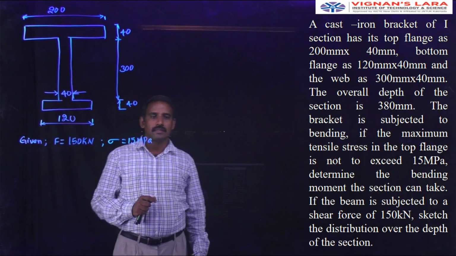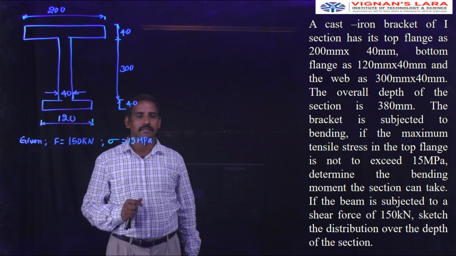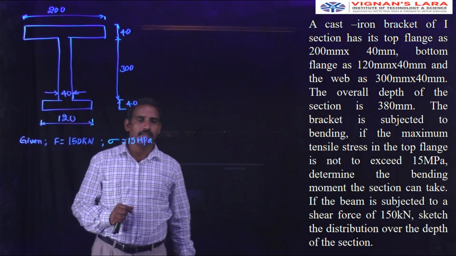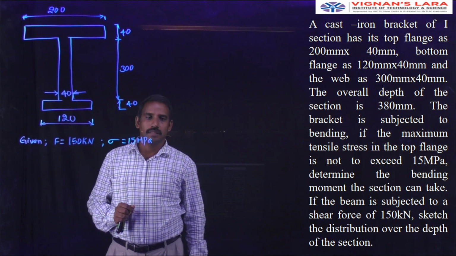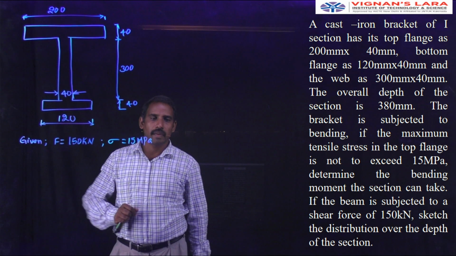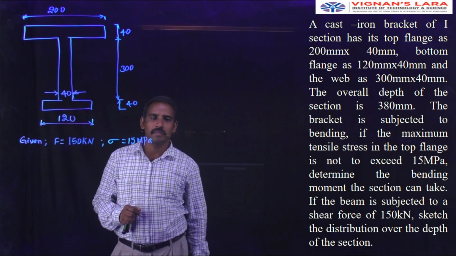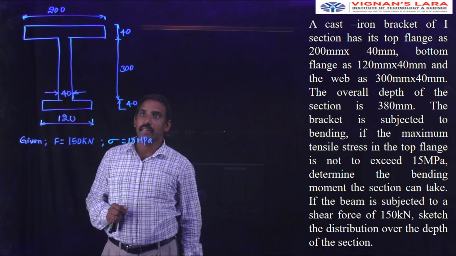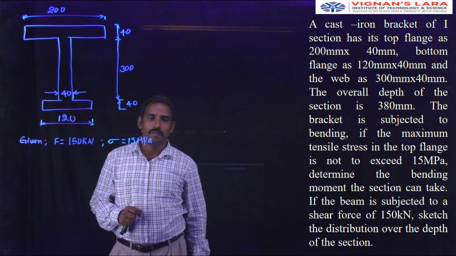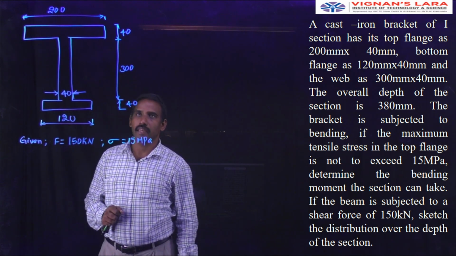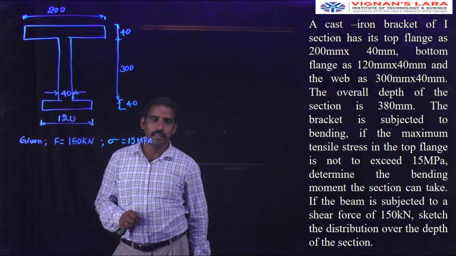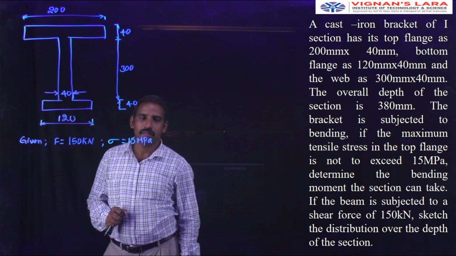A cast iron bracket of I section has its top flange as 200 mm by 40 mm, bottom flange as 120 by 40 mm and the web as 300 by 40 mm. The overall depth of the section is 380. So from the geometry, the bracket is subjected to bending.